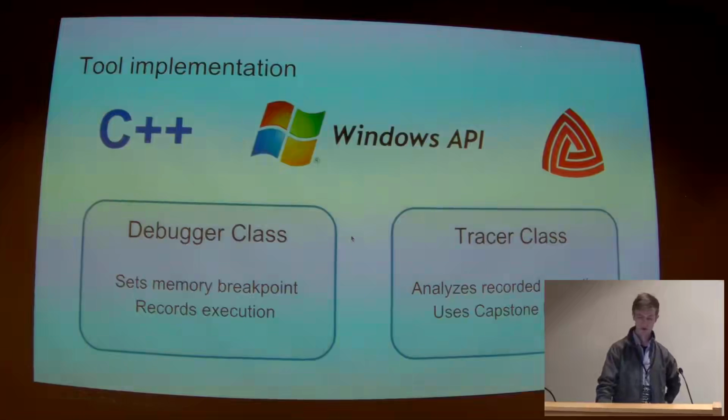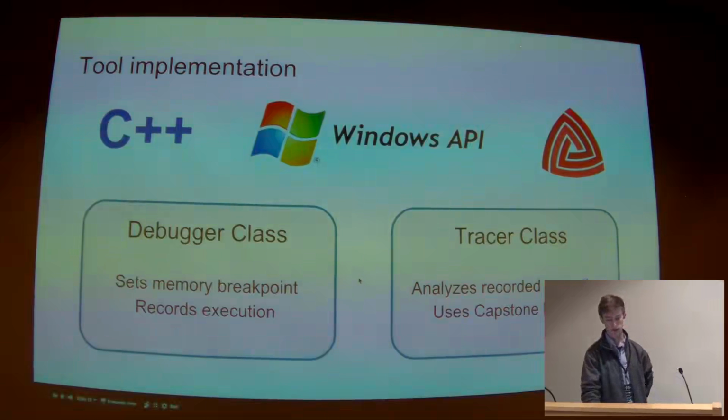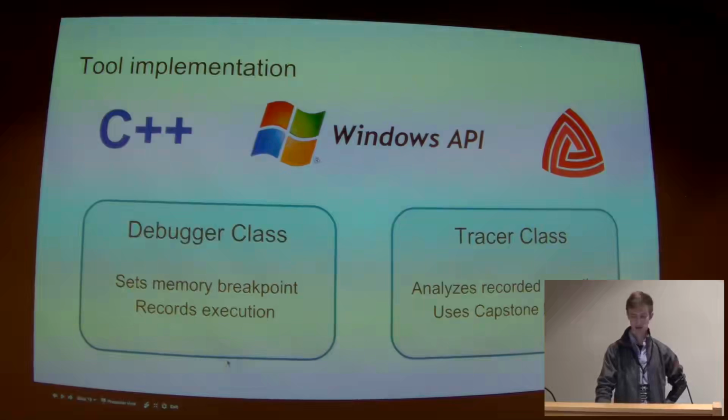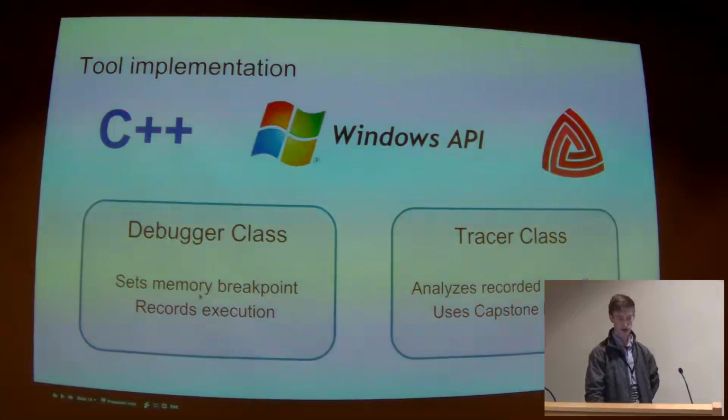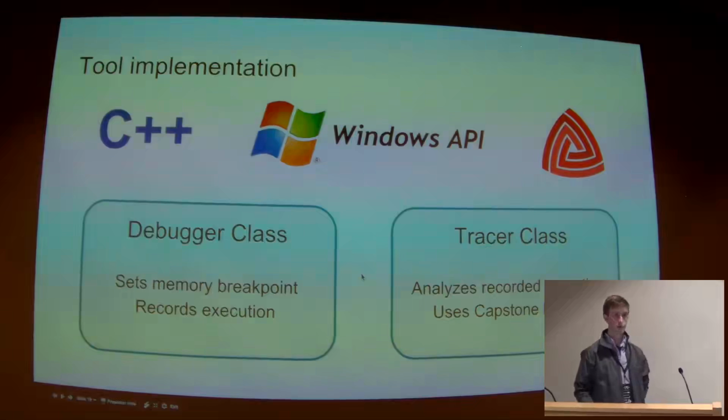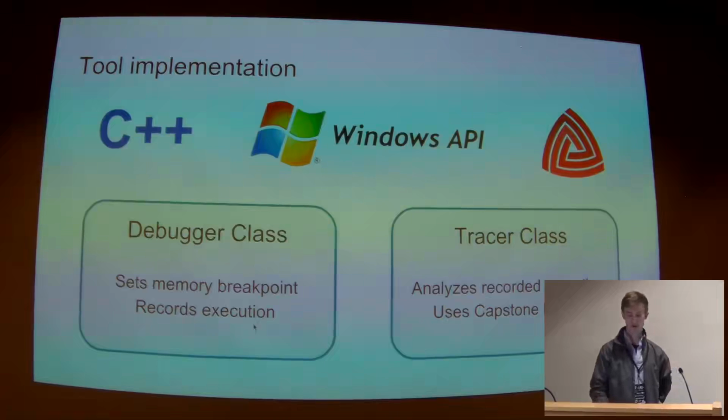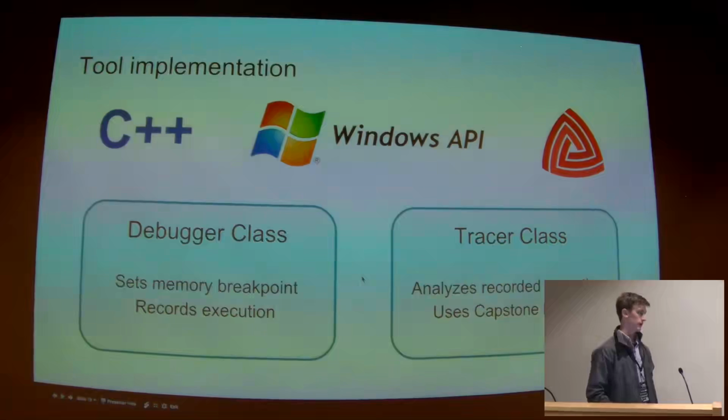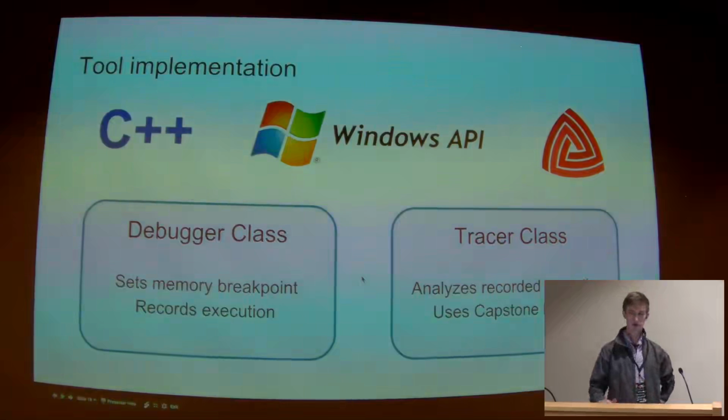The tool basically features two classes. The first is a debugger class. The second is a tracer class. The debugger class is in charge of setting the memory breakpoint on the address of interest, and also recording the execution as the game executes. It does that by setting the trap flag in the CPU, which basically tells it, after every single instruction that's executed, stop executing and let me know.